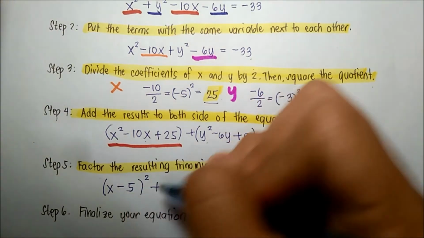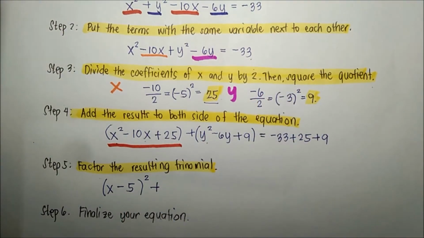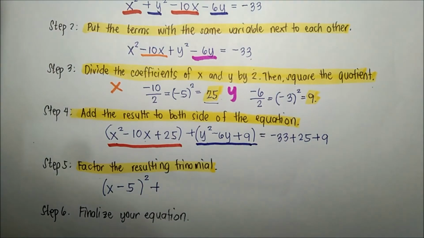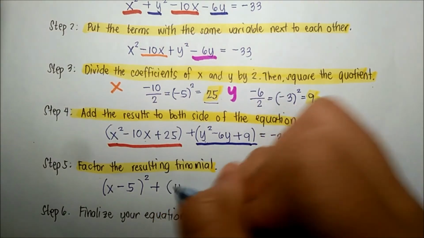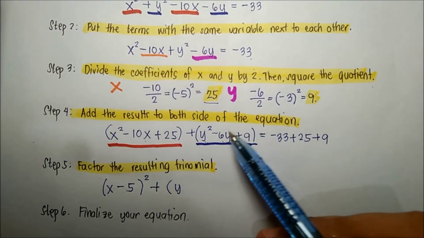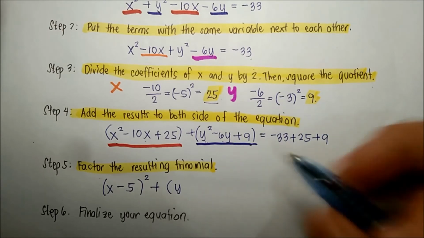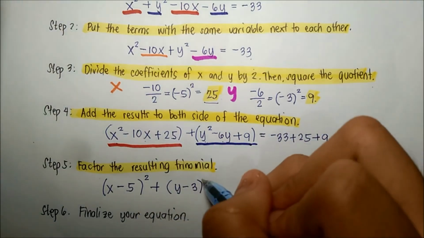And then, what is the factor of y squared minus 6y plus 9? The same thing we will do. The first term is y, so we will just copy y. And then we will divide the second term by 2. Negative 6 divided by 2 is equal to negative 3. And then the same with this one, we will square it.